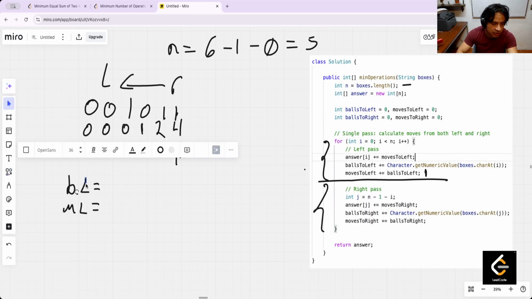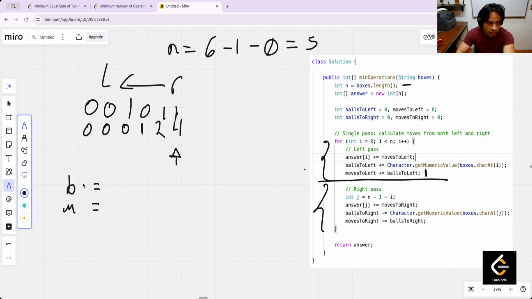Okay, let me change this. Bolts to right, moves to right. Now in this position, plus equal moves to right. In this case, move to right, it's 0.